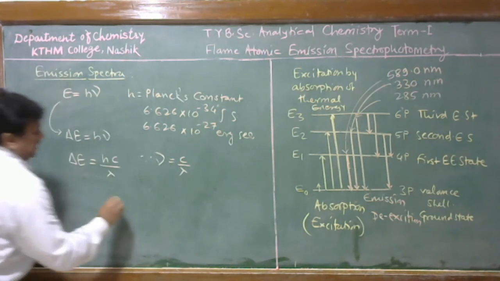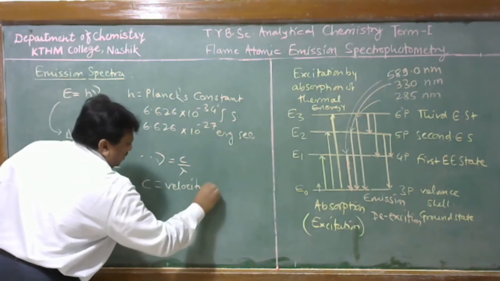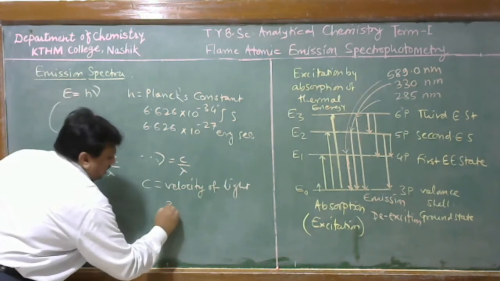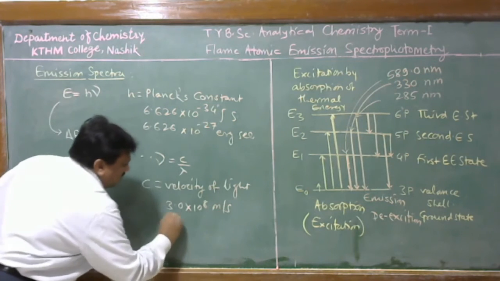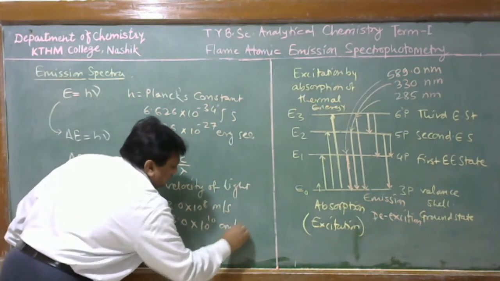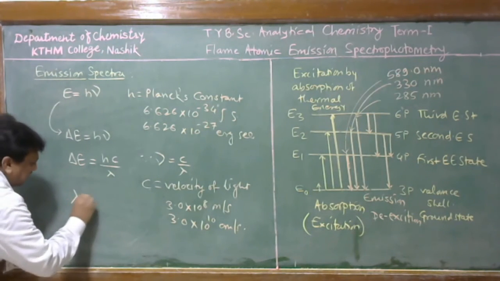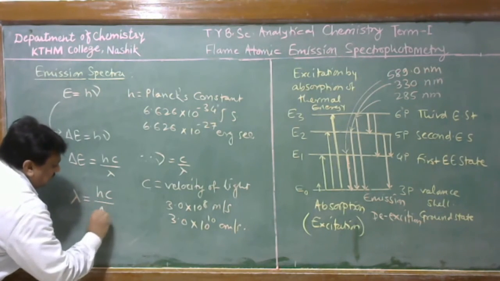In this case, c is the velocity of light, and its value is 3.0 into 10 raised to 8 meter per second, or 3.0 into 10 raised to 10 centimeter per second. Therefore, we can write this equation in this form, lambda equals hc upon delta E.